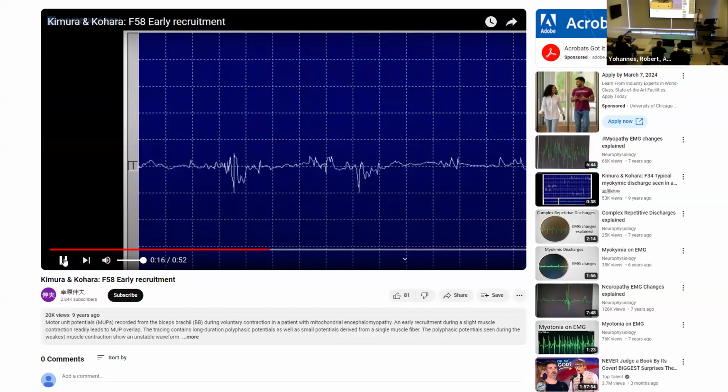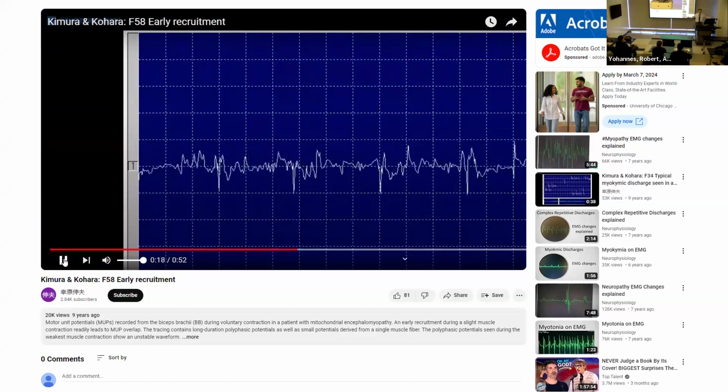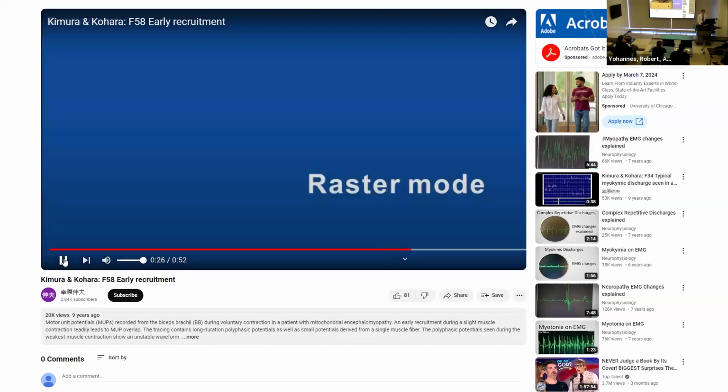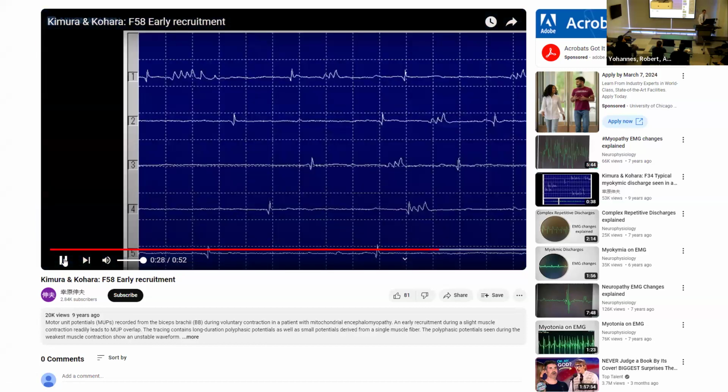These are not the unique picket fence, but there are many, many units, very different kinds. You see the screen is going all over the place, being recruited to help out. So we see these polyphasic, very small units.